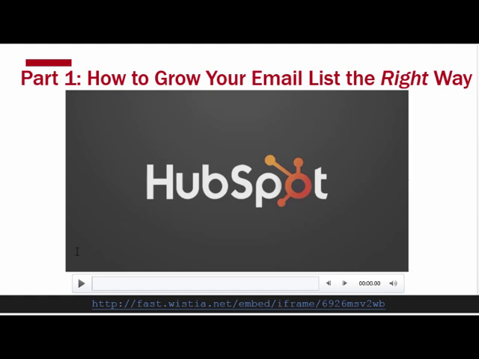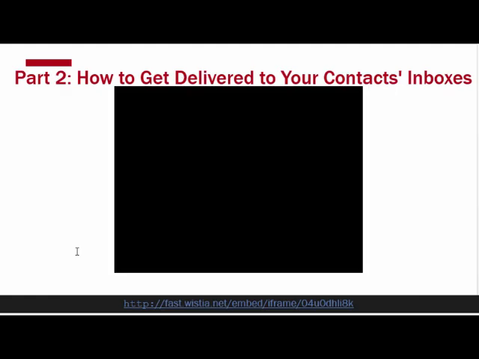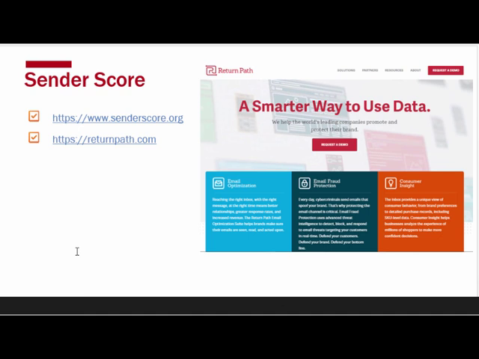You'll see part 1, how to grow your email list. Part 2, how to get delivered to your inboxes. One of the things is you look at the inbox, and you saw in your email certification was the scoring that the servers will go through and say, you as a sender, are you spamming me? What do people think about you? And are you sending out valid content?